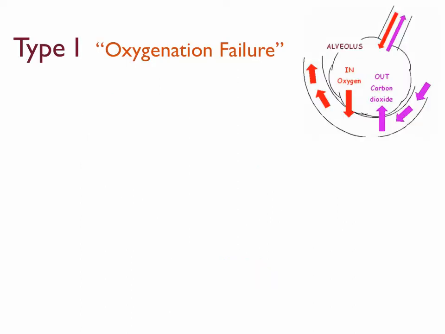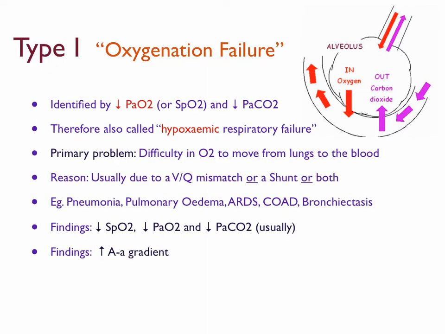Let us look at type 1 failure or oxygenation failure. In this situation, because of the difficulty in moving oxygen into the blood or moving carbon dioxide out of the blood into the alveolus, there are abnormalities that we can identify. It is important to note here that it is much more difficult to move oxygen than to move carbon dioxide.